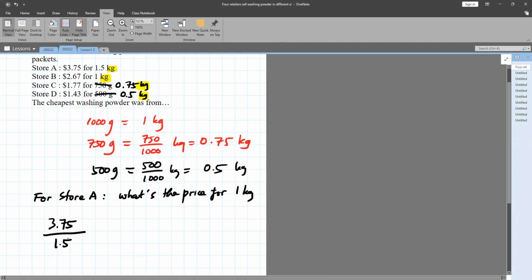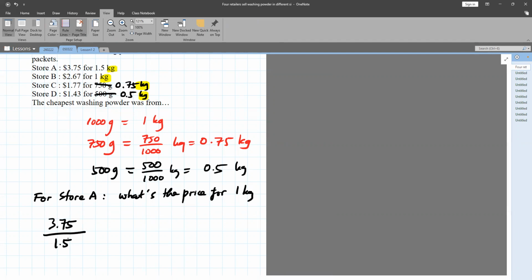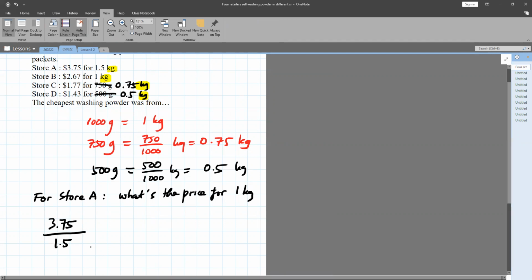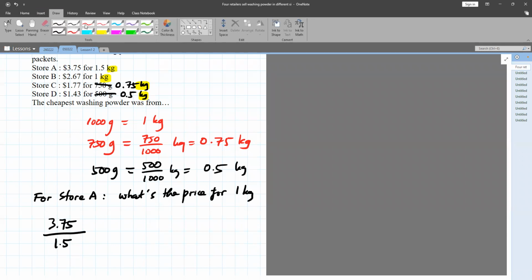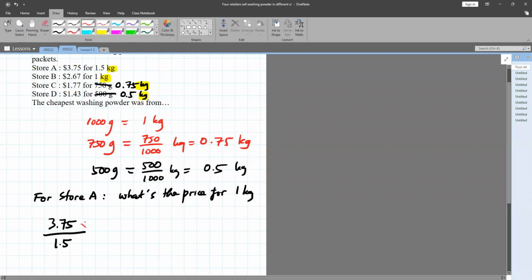Now, this is another challenge. We have a division which involves decimal numbers. You have to make them into whole numbers. So I times this by 100 and this by 100. That's a right way to do that. 375 and 150.